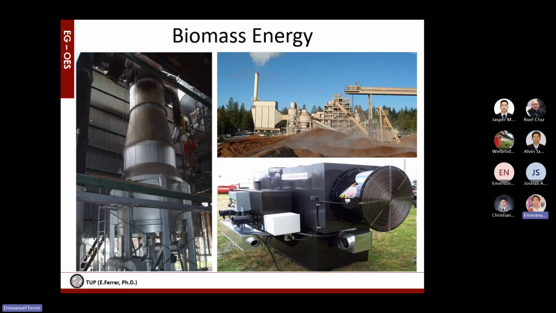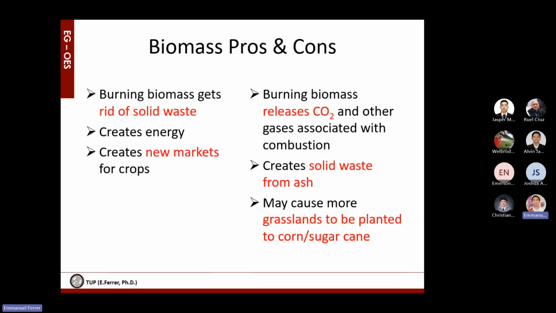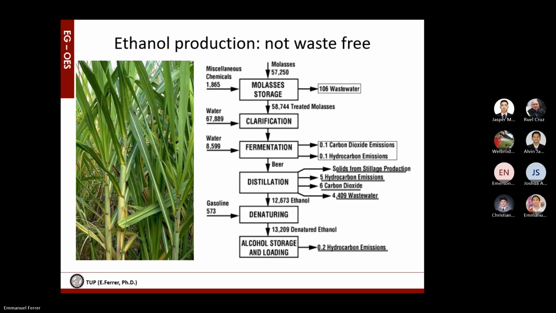So, aside from co-firing, we can utilize biomass to produce liquid fuels. For example, ethanol production, where you have sugar-producing crops.